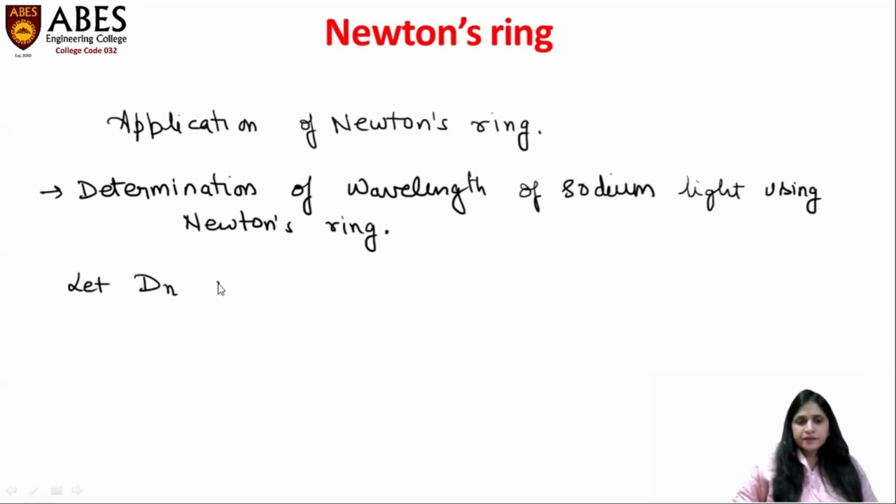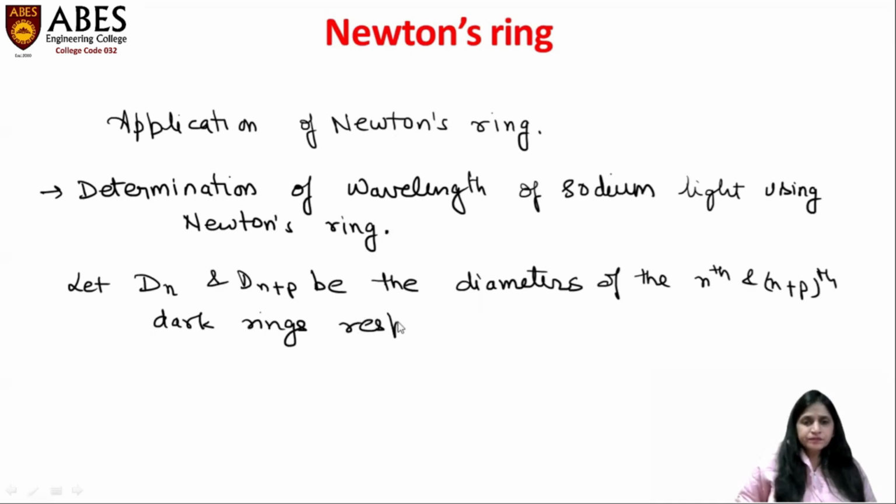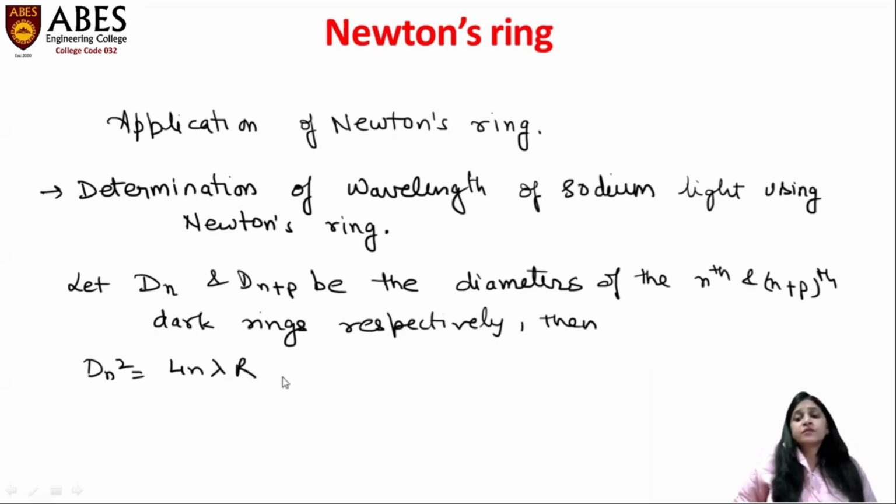So let Dn and Dn+p be the diameters of the nth and (n+p)th dark rings respectively. Then Dn square equals 4n lambda R, because here the wedge-shaped film is an air film.